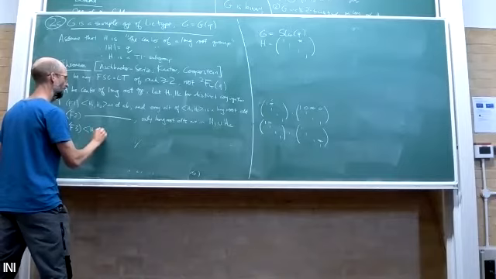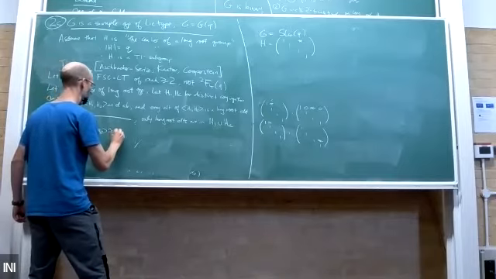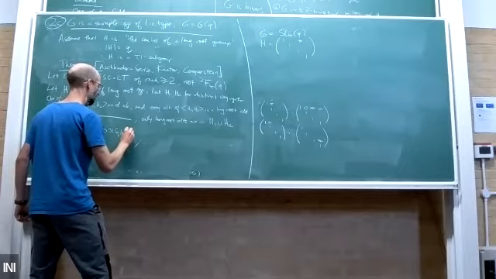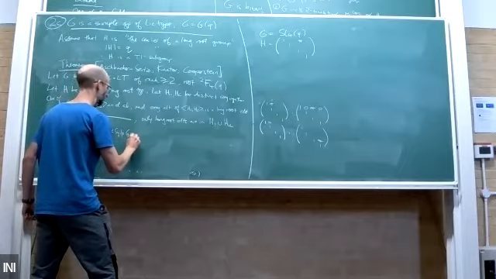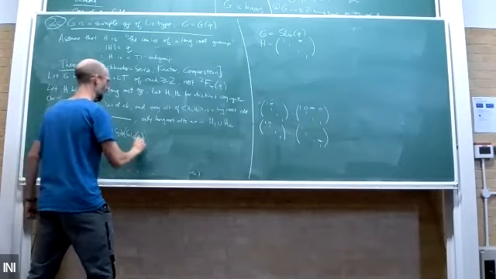The third case: the group generated by H1, H2 is isomorphic to the Sylow p-subgroup of GL3 or SL3, whichever, GL3(q).